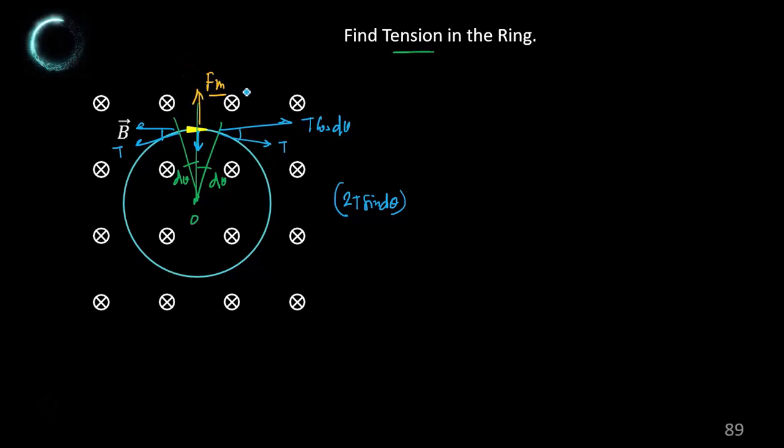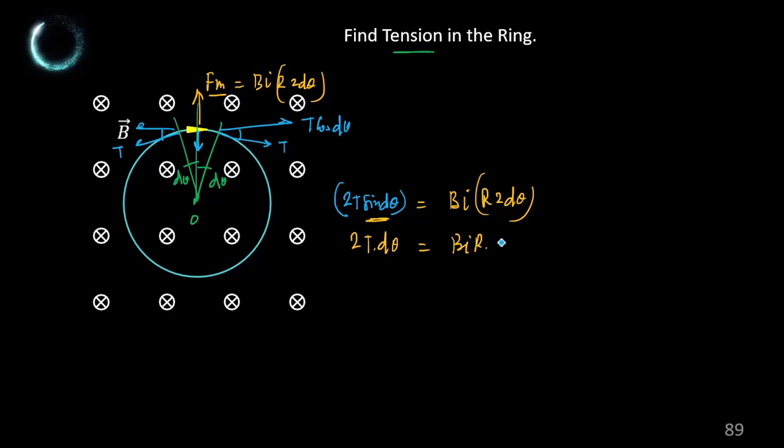এই দিকে একটা magnetic force আসবে তো effect. What is the effect? BIL. So BI into L, L is capital R times 2 d theta. Got it? So this is balanced by BIL. Now since d theta is a small angle, sin d theta is approximately d theta, so I can write 2T d theta should be equal to BIR into 2 d theta. 2 d theta cancels out, so T equals BIR.